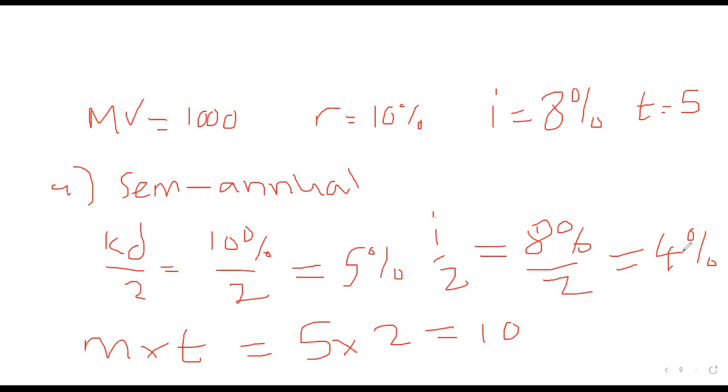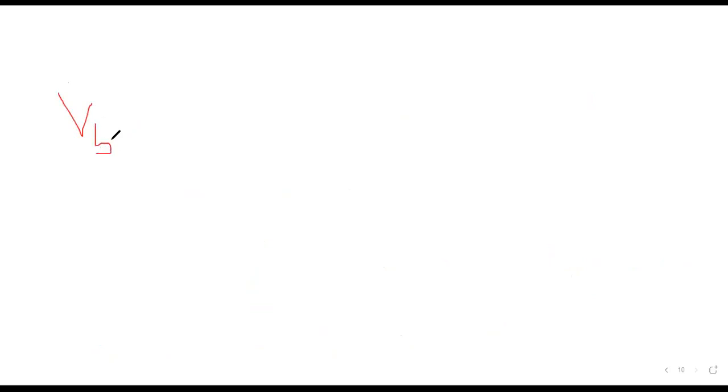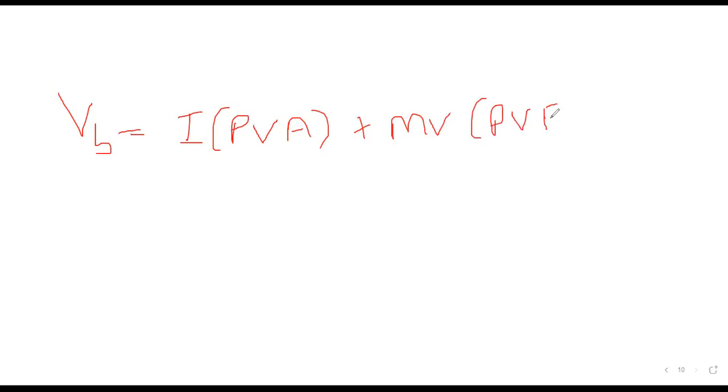So what becomes our coupon rate? Our coupon value is 4% of 1,000. What becomes our coupon value? So the value of the bond is what? Coupon value, present value annuity, the maturity value, A, present value factor.